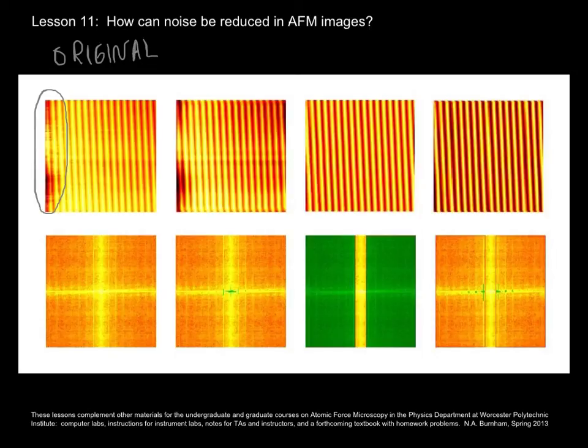Okay. So we've got the original on the left-hand side, and the next in the sequence is a threshold filter. And this threshold filter is pretty strong, and yet still the startup artifact is there.